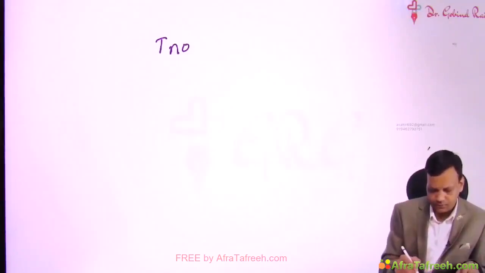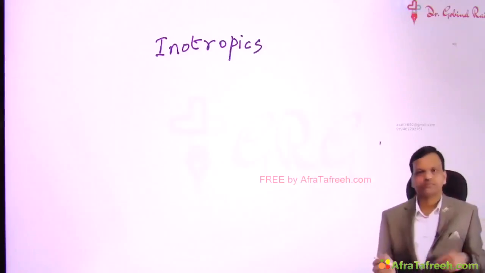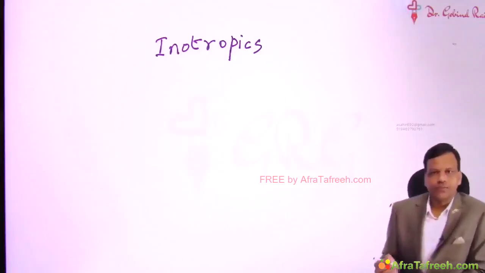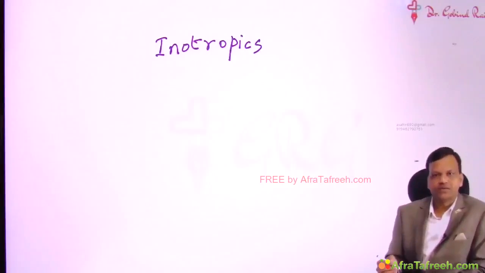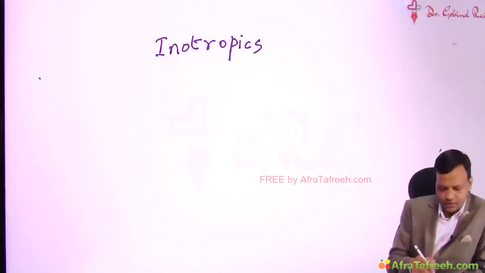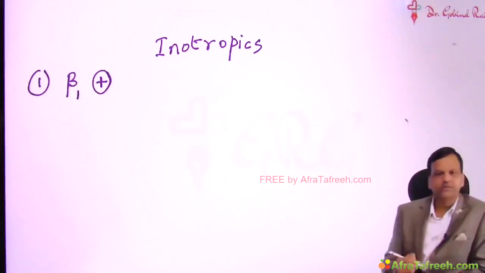Inotropics. Normally on the heart we have beta 1 receptors. We know beta 1 will stimulate the heart. So if a drug stimulates the beta 1 receptor, then it can be used as an inotropic drug.